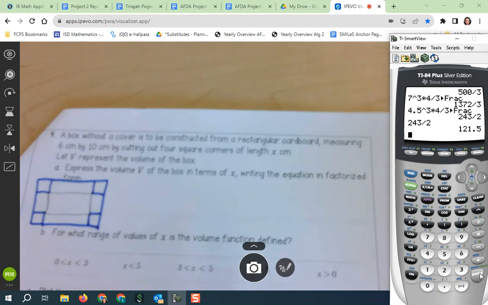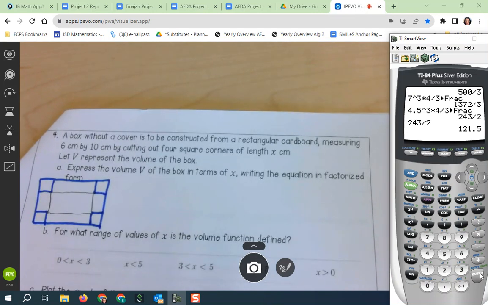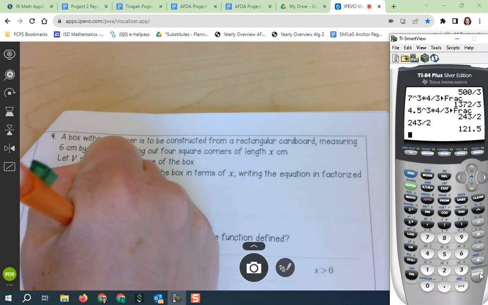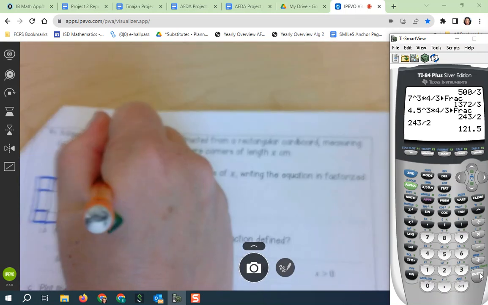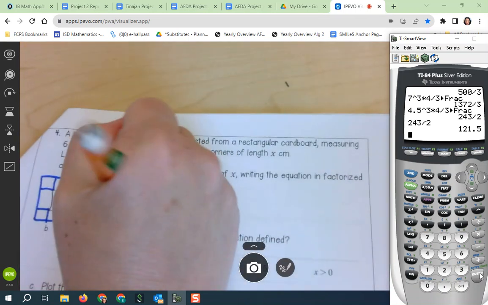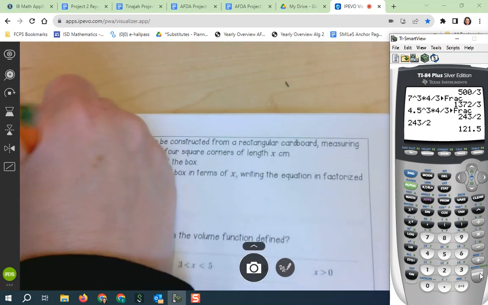So they cut out the corners and they fold it up and it should make a box. And it says that the square corners have length x. So this would be x and this would be x here. So the squares have x on each side. They're squares, so it makes sense that they match.